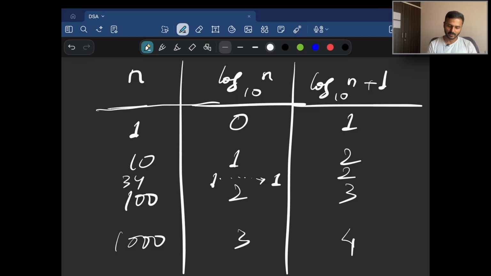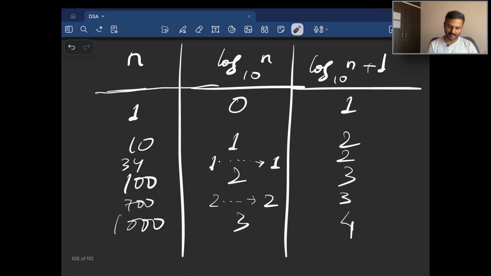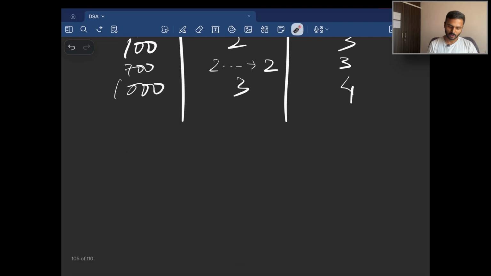And if you go by the similar logic, if we take a number between 100 and 1000, let's say we take 700, we will get 2 point something. So we take just 2 and then add 1 to it, and that will give us 3, right? And this 3 is the number of digits in this number. So summarizing all of this, what do we know?